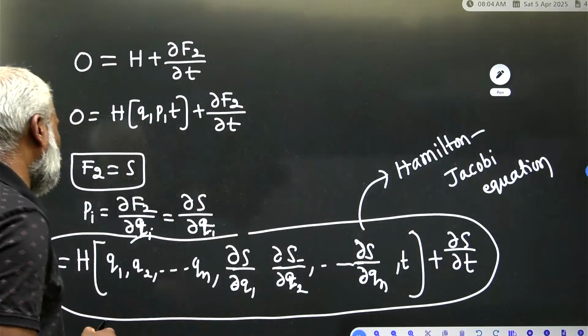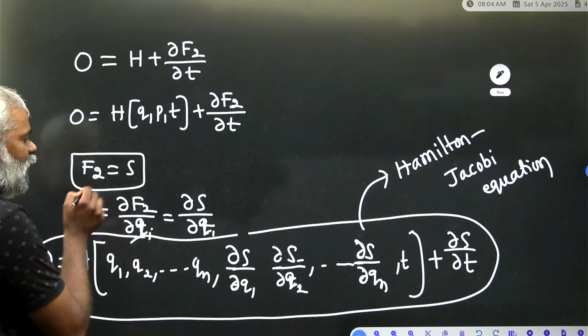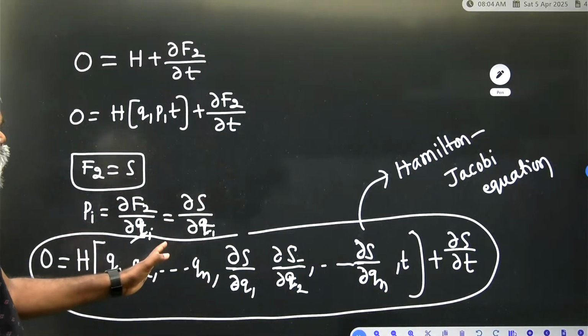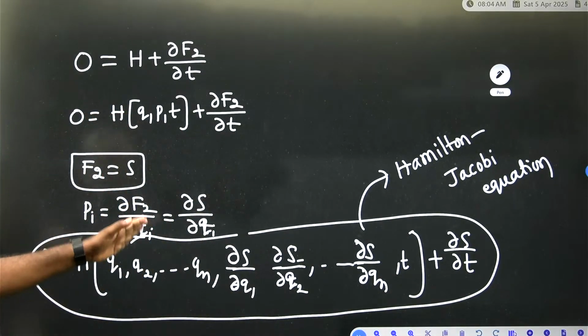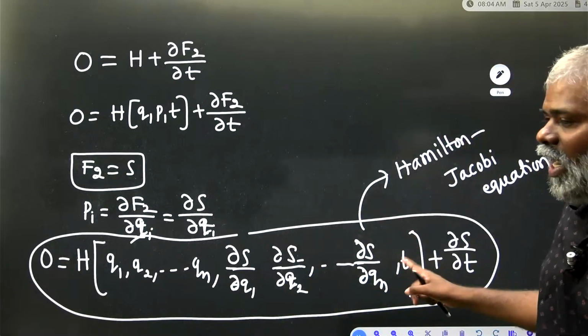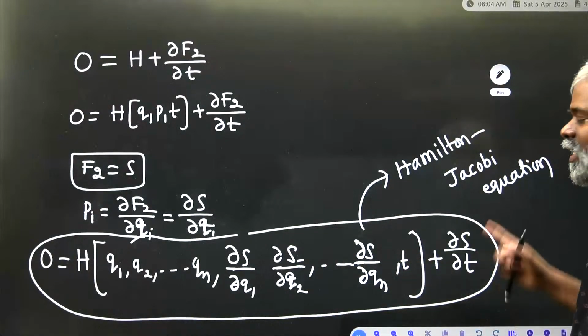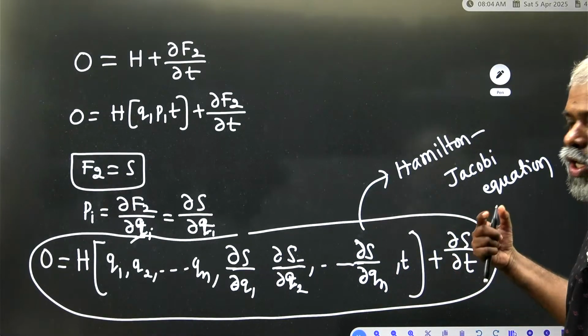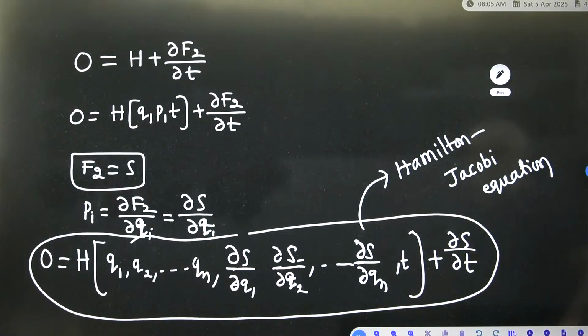That is the generating function you are able to write. So small p is equal to ∂F2 by ∂q_i. Clear? So this expression is the Hamilton-Jacobi equation.